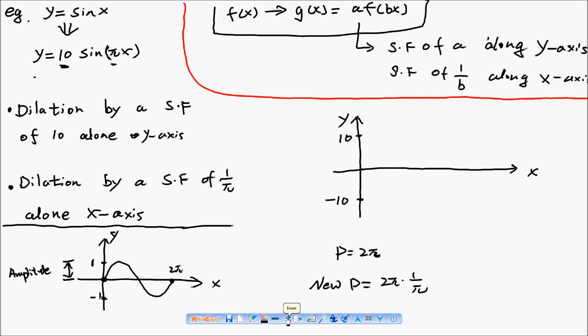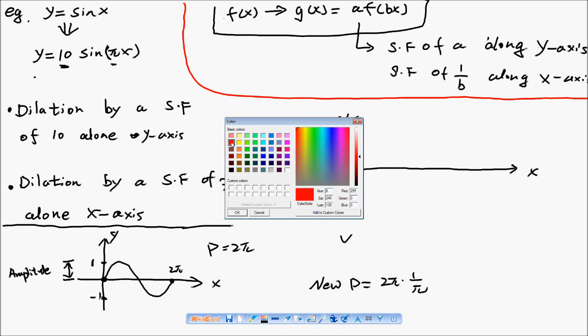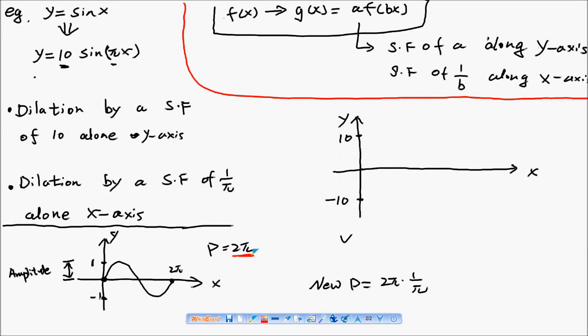Say the original period is 2 pi, the new period is 2 pi times the dilation factor in the x-axis, which is 2. So our period becomes 2.